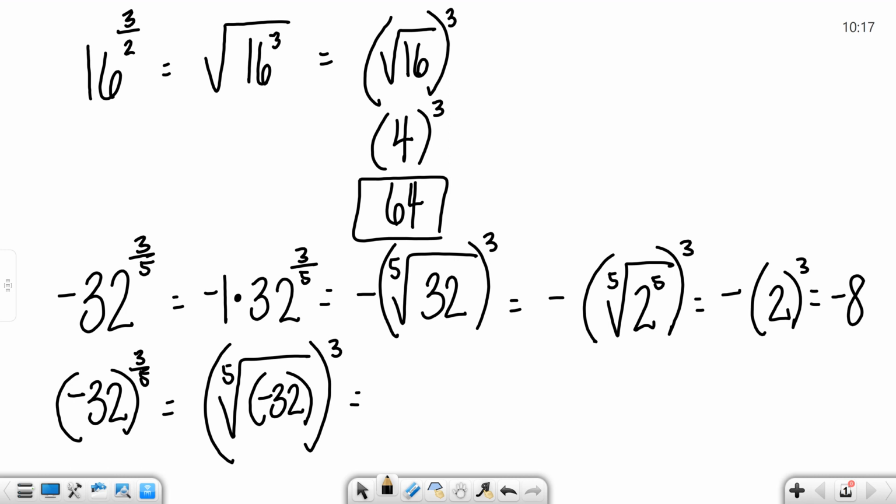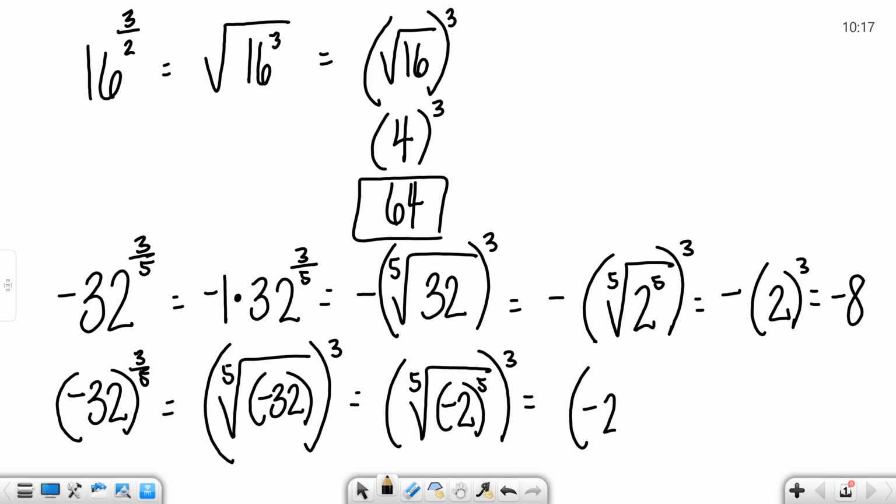All right, so this is where some of you are going to be like, why did you even bother? Stick with me. Knowing the rules is what's important here. All right, so the 5th root of negative 2 to the 5th is still negative 2, and that is cubed, which is negative 8.